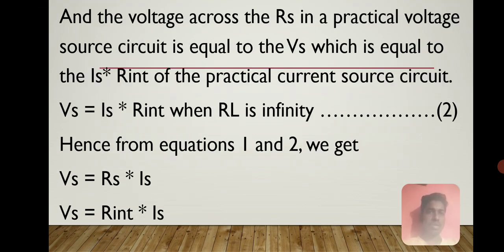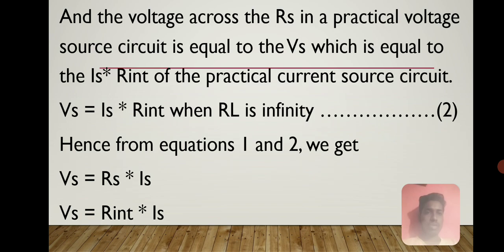And the voltage across Rs in the practical voltage source circuit is equal to Vs, which is equal to Is into R int of the practical current source circuit, when RL is infinity. Hence, from equations 1 and 2 we get Vs is equal to Rs into Is, and Vs is equal to R int into Is.